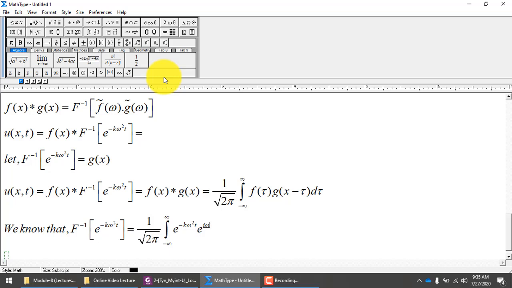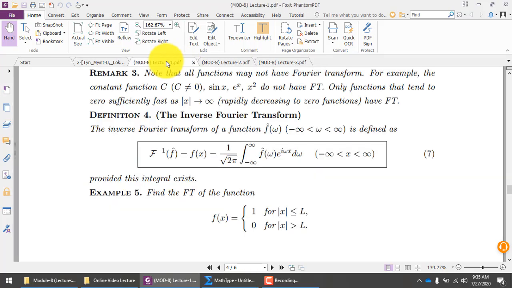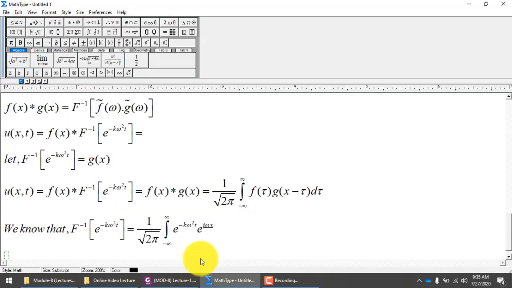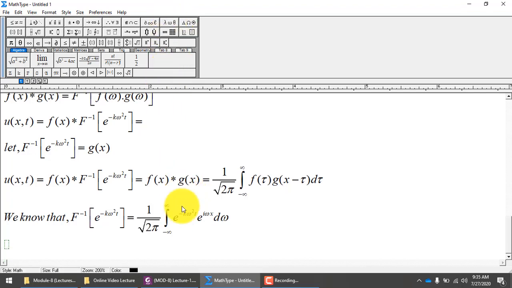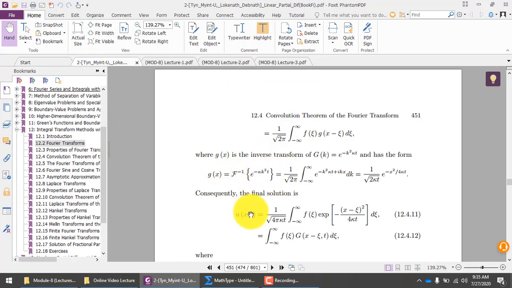We know the Fourier transform from example A, which we did in the previous video lecture. So applying the Fourier inverse, this will be e to power iota omega x, d omega. Now this is the Fourier inverse, which is written in the book like that. And now we will apply the convolution on this.